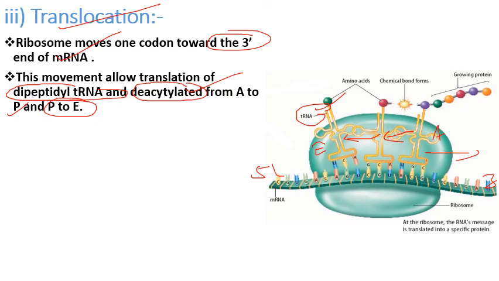This process of shifting, or translocation, is the third step in chain elongation.